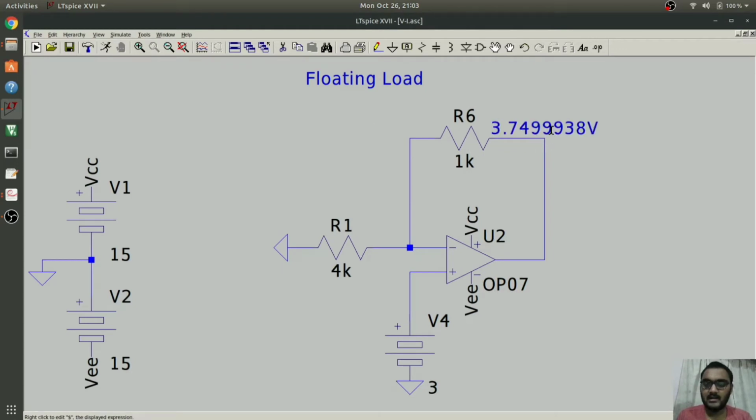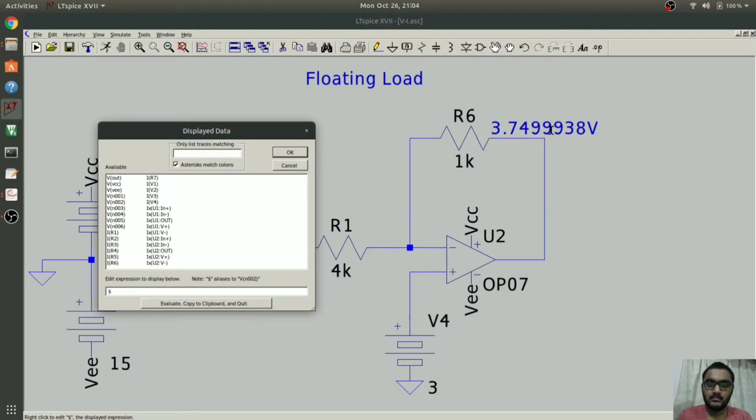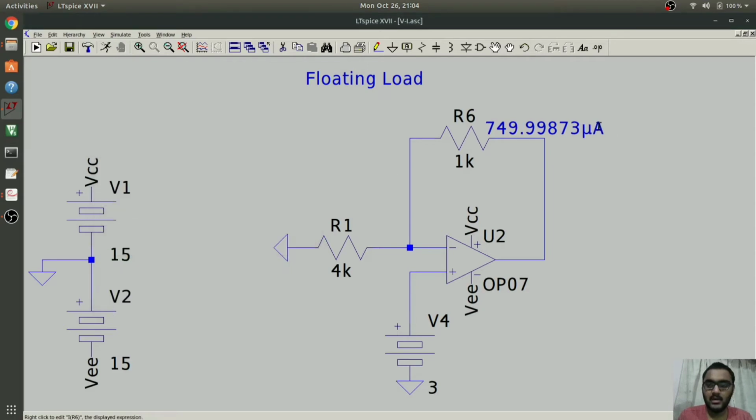Now again right click, clear the dollar symbol and select IR6, which is the current flowing through our load resistance. Click OK. So for R equal to 4 kilo ohms and input voltage of 3, we get a load current of 749 microamperes.